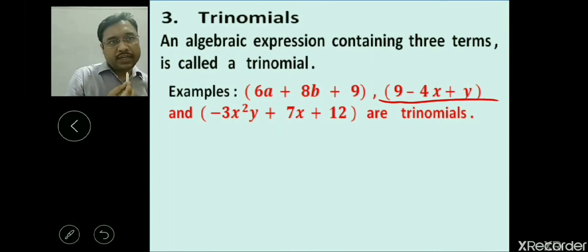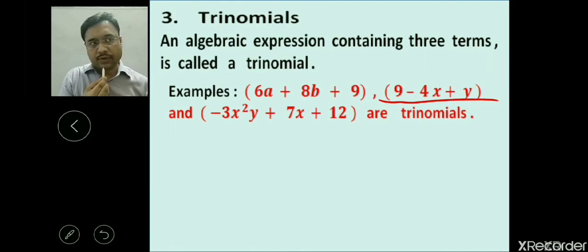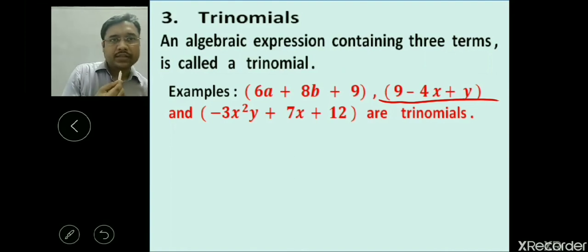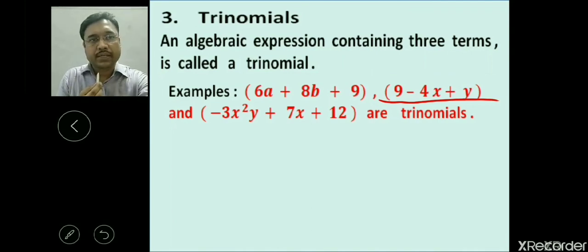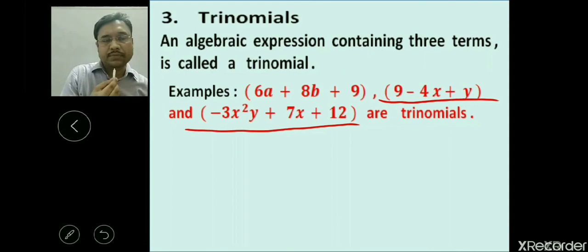So 9 minus 4x plus y, you can write as 9 plus minus 4x plus y, okay. The third is minus 3x square y, which is the first term, plus 7x plus 12. So this is also forming a trinomial.